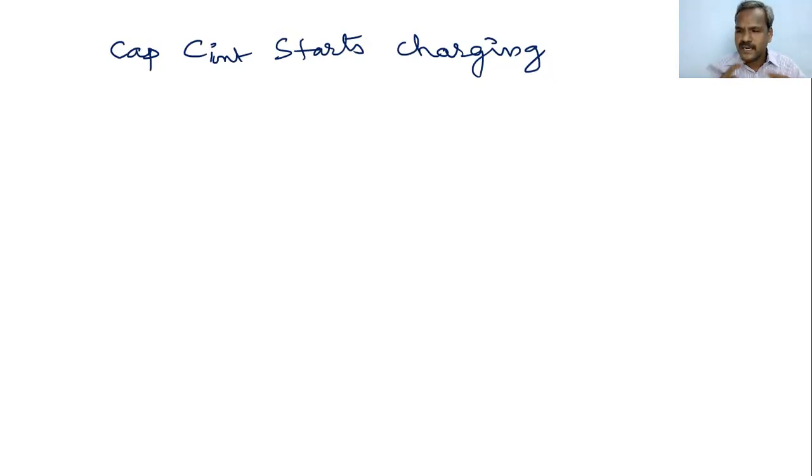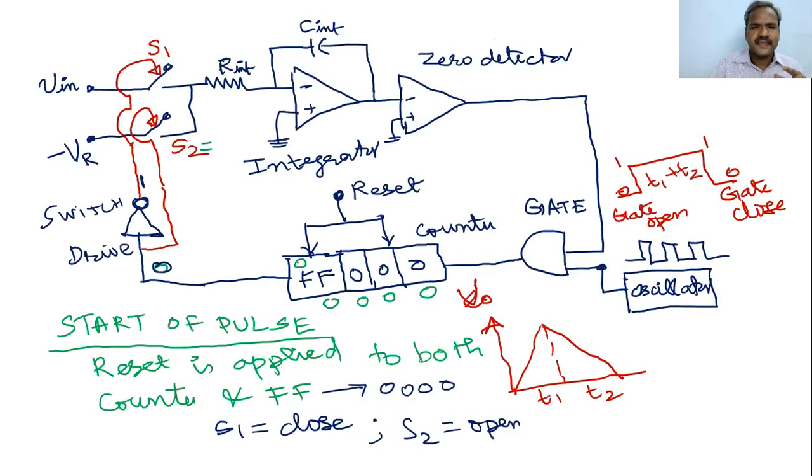the comparator output voltage changes its state, which opens the gate, so that the oscillator clock pulses are fed to the counter.